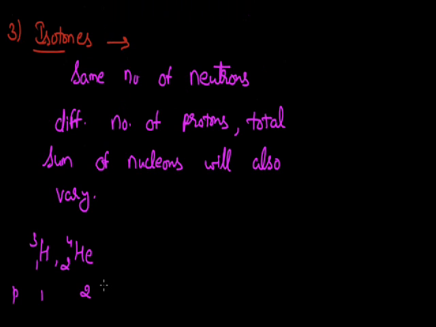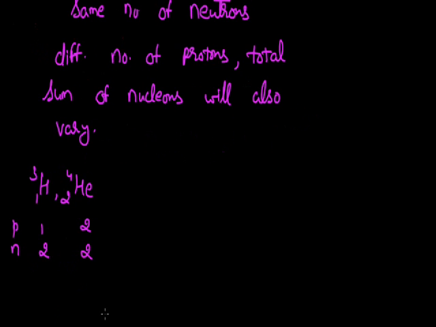While if I find the number of neutrons for these two, the very first has neutrons equal to mass number minus atomic number, the value is 2, and here again the number of neutrons is 2. If I find the sum of nucleons, the mass number indicates the sum of nucleons, so for the very first one the number of nucleons is 3, while for the second one it is 4.